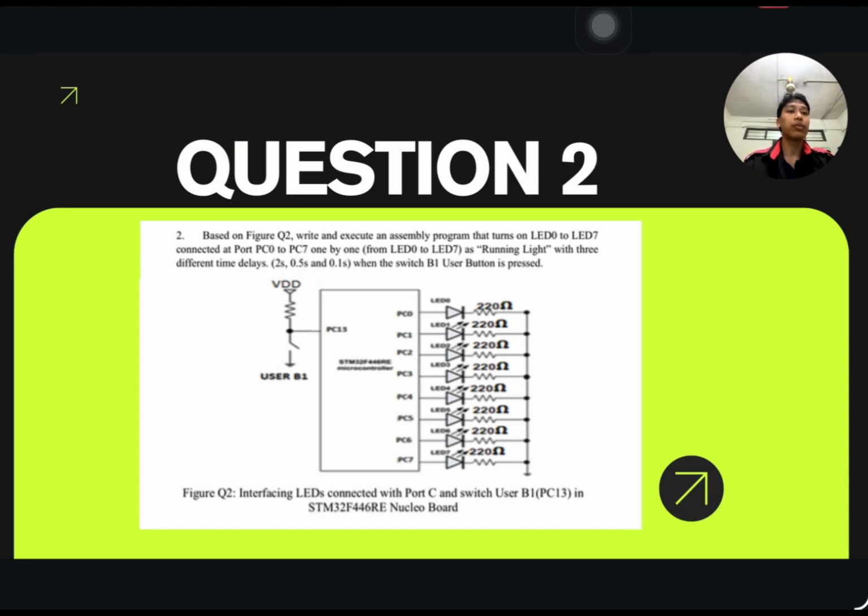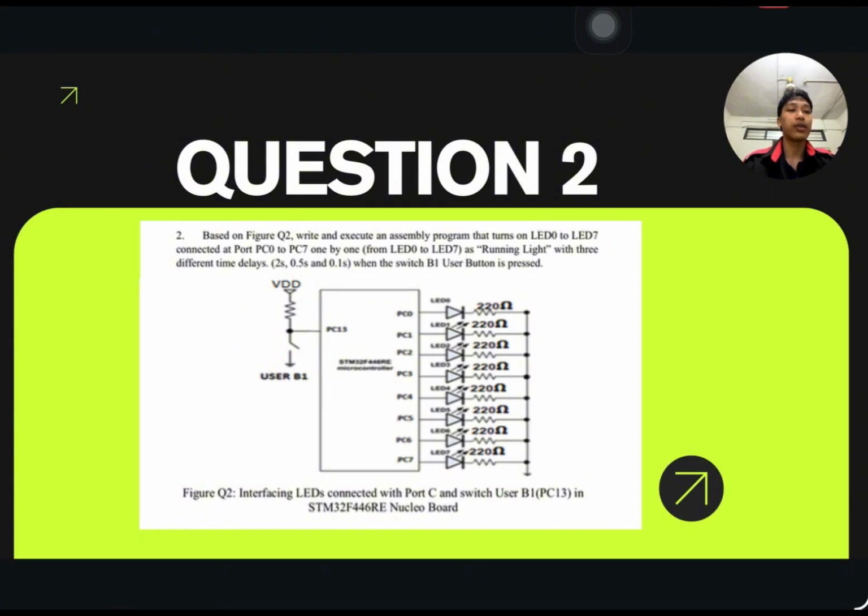Our team took question 2, which asks us to write and execute an assembly program that turns on LED 0 to LED 7, connected to port PC0 to PC7, one by one as a running light with three different time delays, which are 2 seconds, 0.5 seconds, and 0.1 seconds, when the B1 user button switch is pressed.